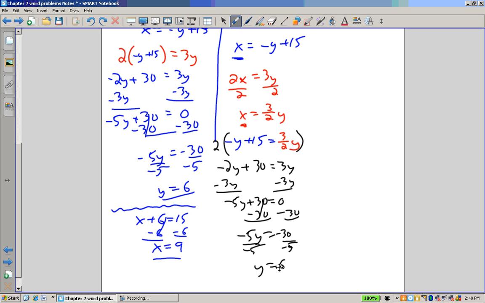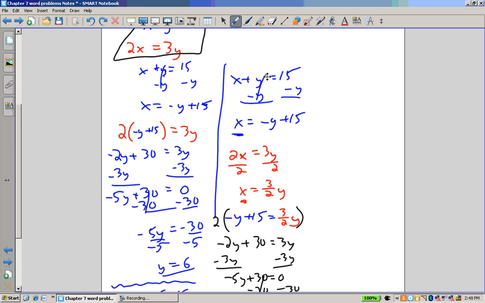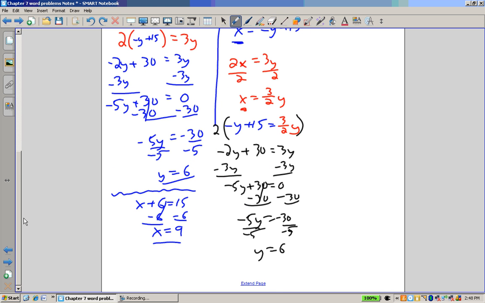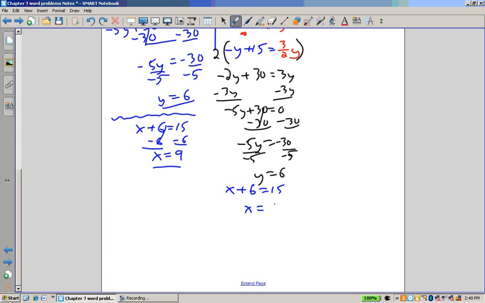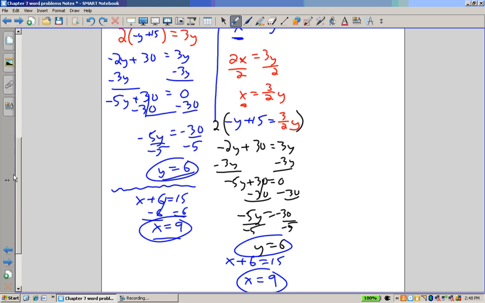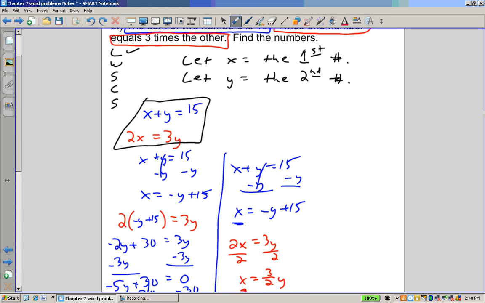And now we think y is 6. We could simply plug it back into the blue equation. X plus y is supposed to be 15, so we think y is 6. Subtract 6, x equals 9. So either way, we think that x is 9, y is 6. Whichever method you used, of course, you could have used linear combination as well. So, I hope that didn't confuse you.